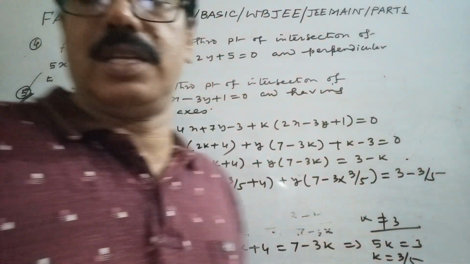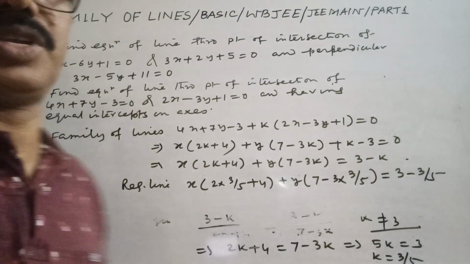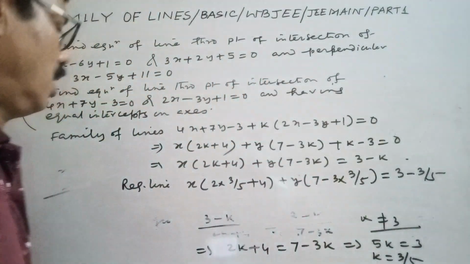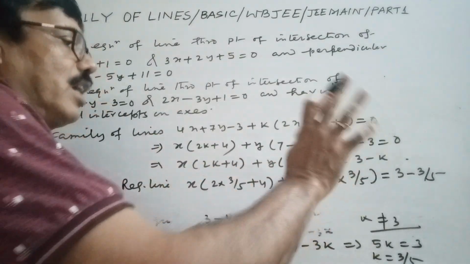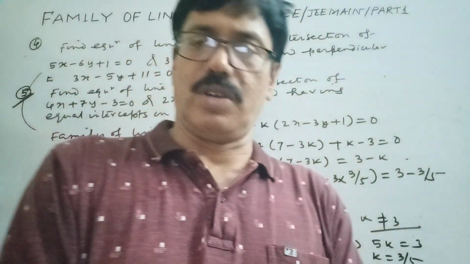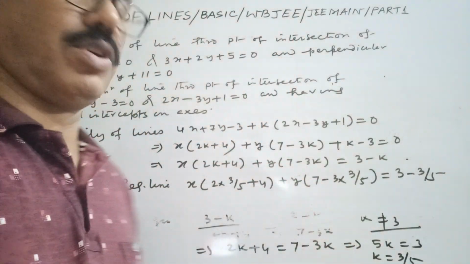So simplifying, you get this. So same procedure in all cases. Write the equation of family of lines, make it in standard form, use the condition to find k, and you get the equation of the line.